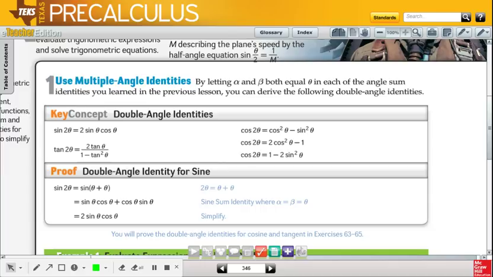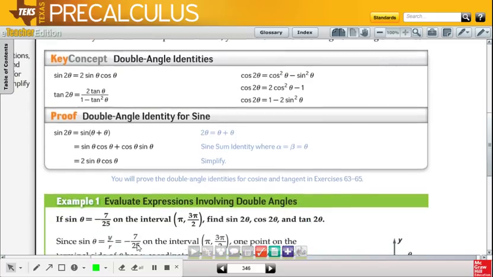The only thing different is the arrangement of the numbers. So the same thing with sine theta times cosine theta will give you the same answer as cosine theta times sine theta, which is why you have 2 sine theta cosine theta. It's the same thing as if you were to write it as 2 cosine theta sine theta. So that's how sine 2 theta is equal to 2 sine theta cosine theta.